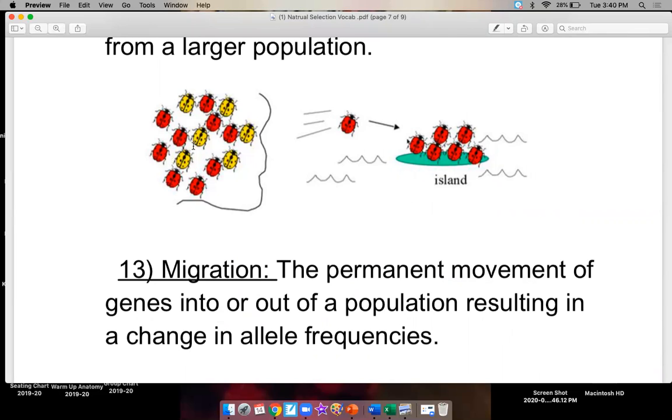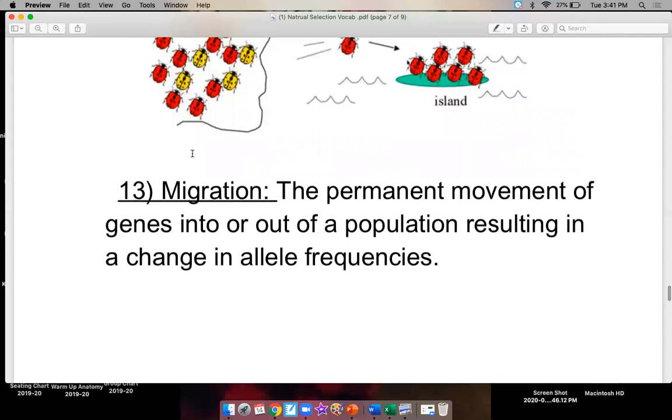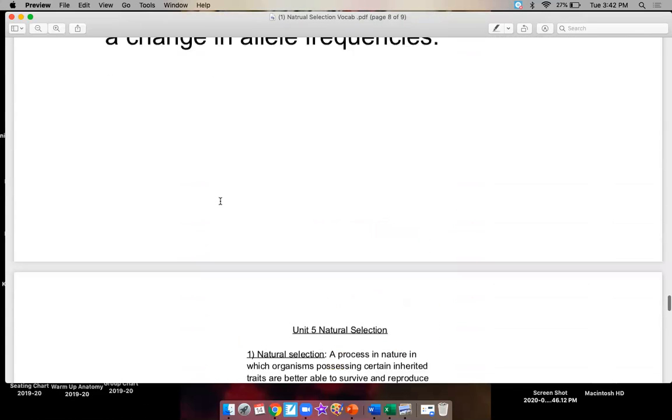There's a certain number of birds that live up north. They fly south for the winter. They reproduce down south. Now down south has more of our northern bird genes than they would have normally. And then they fly north in the summer and live that way again. That's migration, changing some population's allele frequency because you moved in and added your own. That's migration. All right, so those are our words.